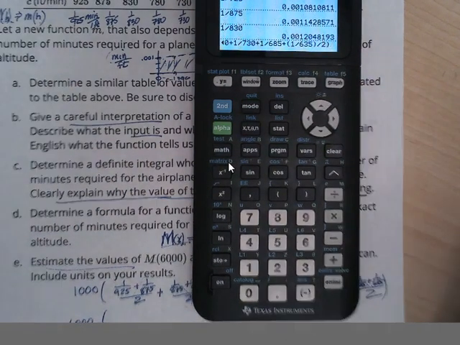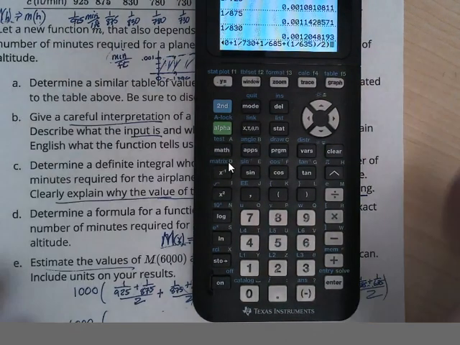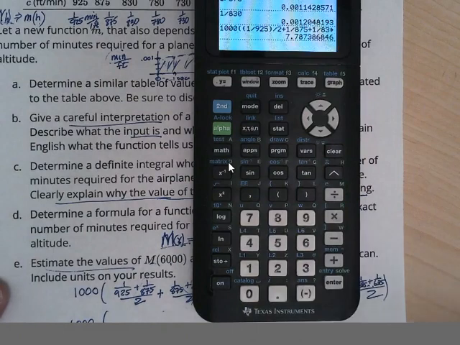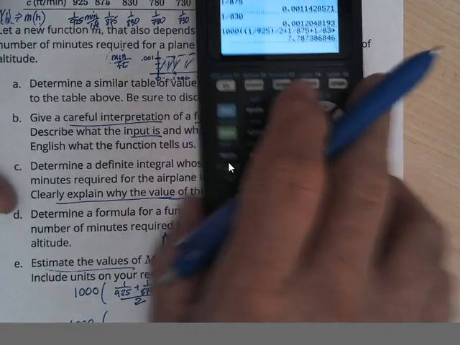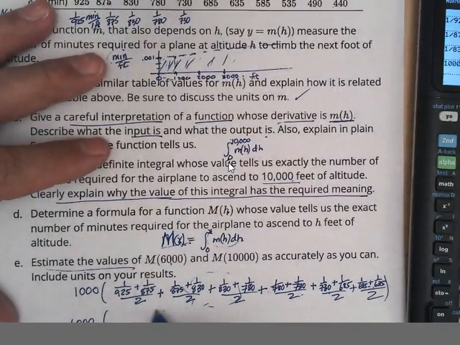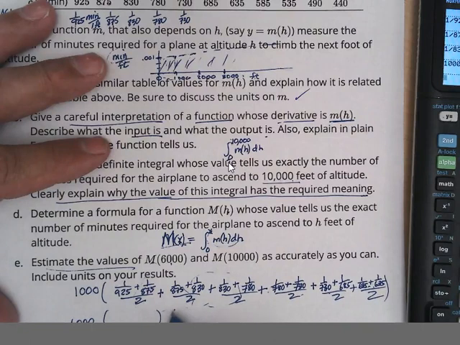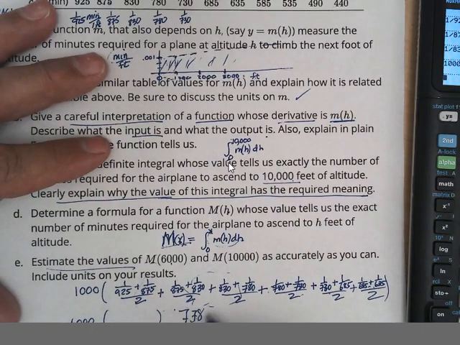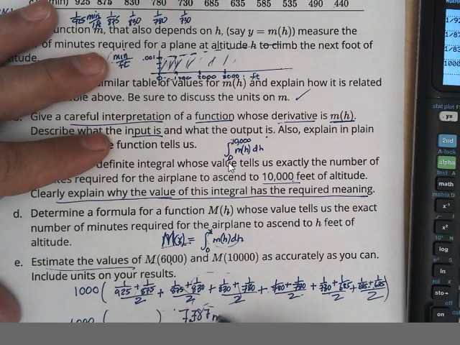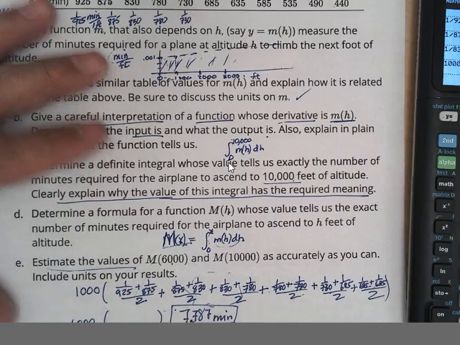Half of the first one, half of the last one, and all of the ones in between. And I get 7.787, and this would be calculating the number of minutes to get to 6,000 feet.